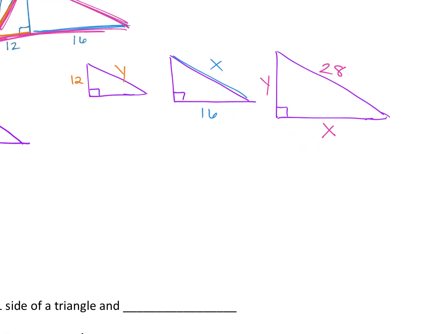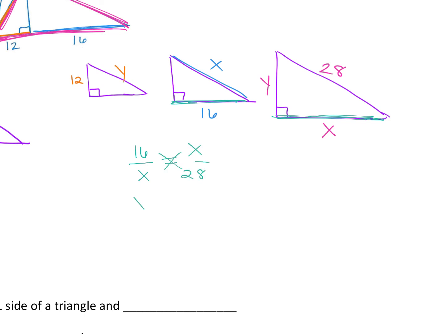Okay, so now you can start to set up what matches up with what. Let's solve for X. How did you set up a proportion for X? 16 over X, so that's longer leg over longer leg, medium and big triangle, equals X over 28. Good.